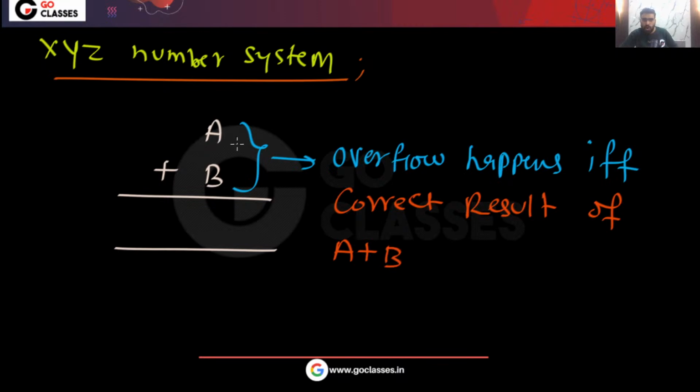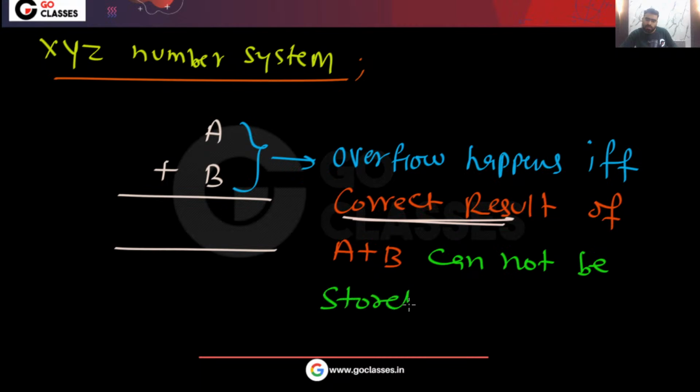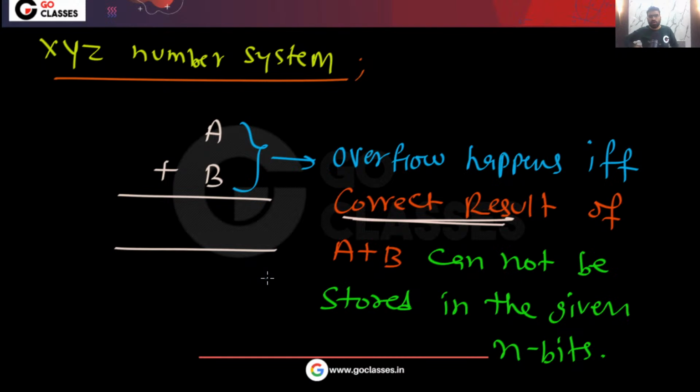So remember, overflow is going to happen if the correct result when you add A plus B cannot be stored in the given n bits. Is this clear? Very simple point. I hope you understood this point.